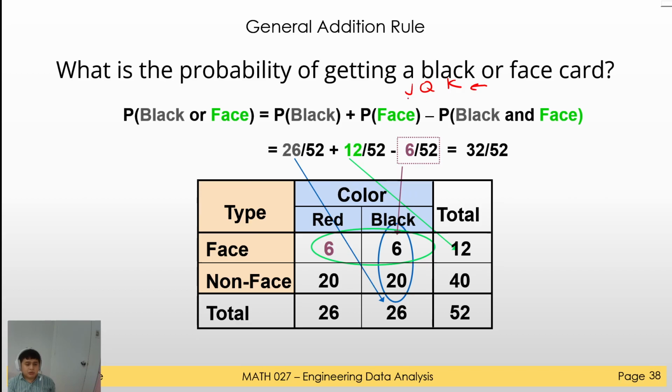How many black Jack, King, and Queen cards? It could be either a spade or a club, so 2 times 3, we have 6. So therefore, we have to subtract that intersection between the two so that the probability is 32 over 52. Okay.